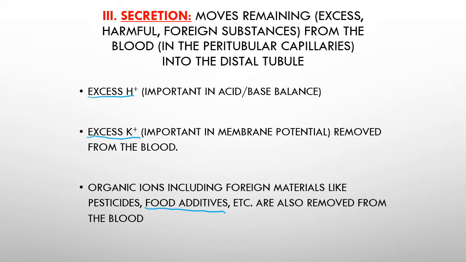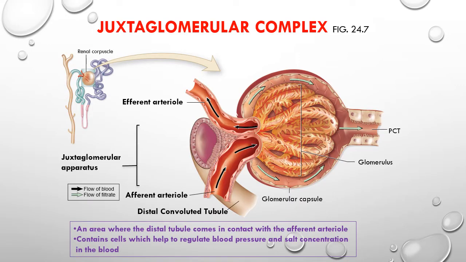Other things that may be in the environment, things like pesticides. Those may be airborne or waterborne in terms of our exposure to them, or even through the skin. All of those kinds of things, air pollution potentially, all those things that are potentially harmful to the body, we're going to try and get rid of them through the urinary system here, and we're going to secrete them and push them out into the tubules themselves.